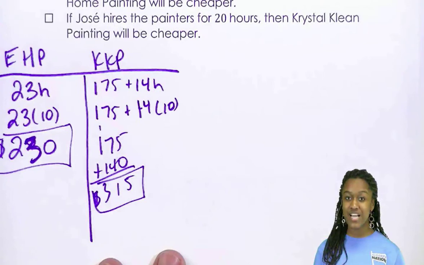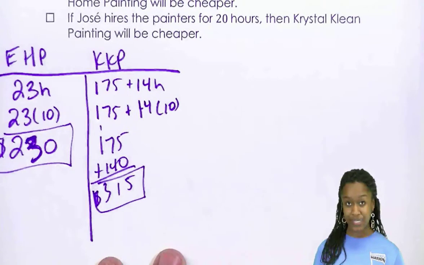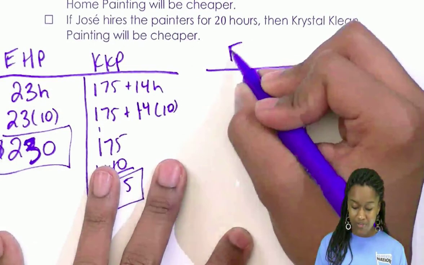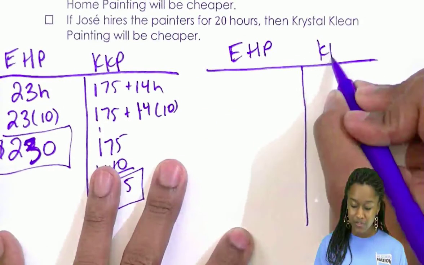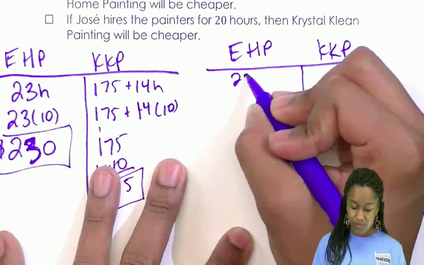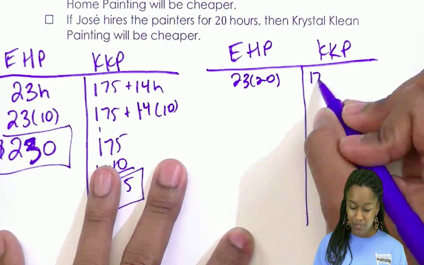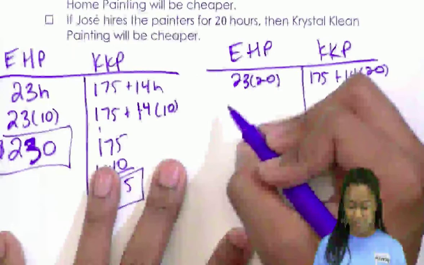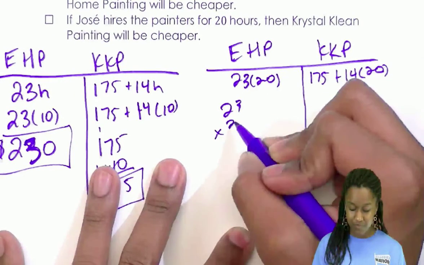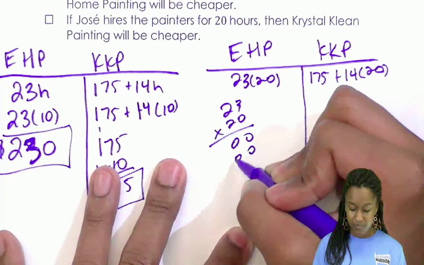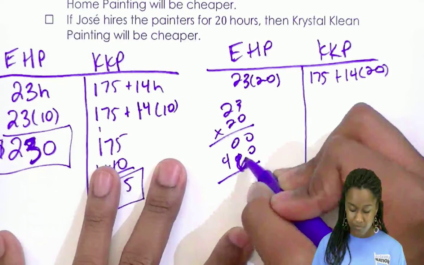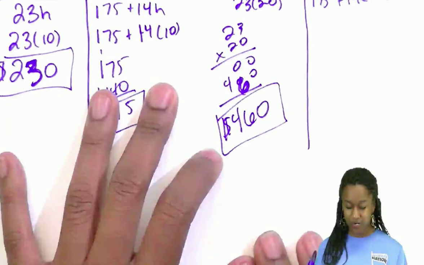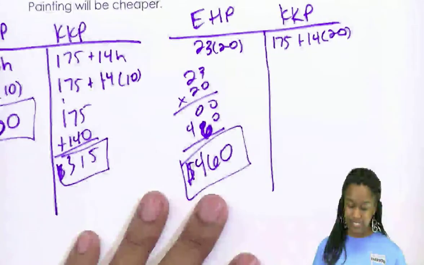Next one says if Jose hires the painters for 20 hours, then Crystal Clean Painting will be cheaper. Well, let's see. We have Elegance Home Painting, Crystal Clean Painting, 23 times 20, and 175 plus 14 times 20. All right, that gives us a total of $460 for Elegance Home Painting.